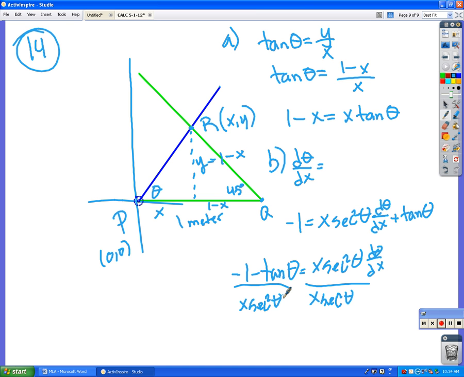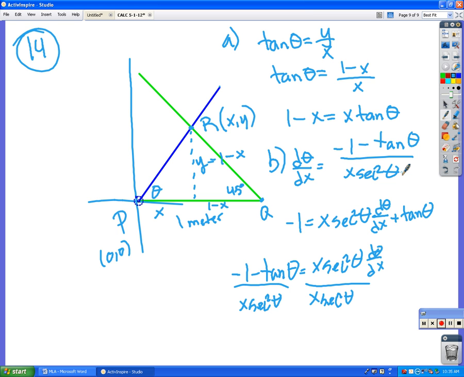We'll just leave it like that. So my derivative is going to be -1 minus tangent of theta over x secant squared theta. So by approximately how many radians should you increase theta if you want the x coordinate of the point R to decrease to x equals 0.45 meters?